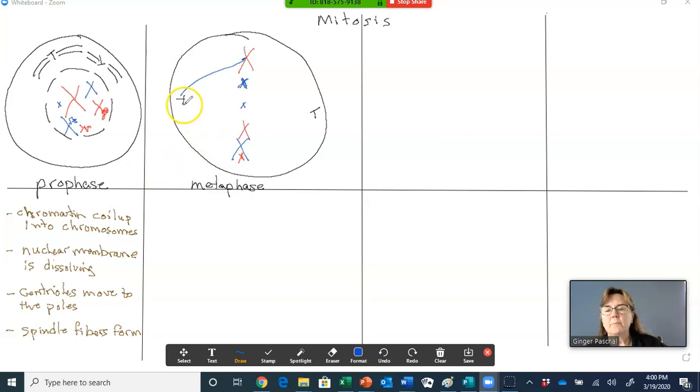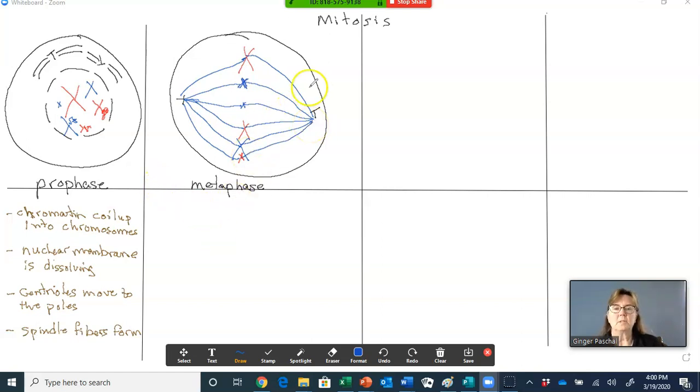So we go from the centriole to the centromere, from the centriole to the centromere, to each one of these 6 chromosomes, just like so. Now you'll notice it connects from each side of the cell. So each centriole connects to each centromere.